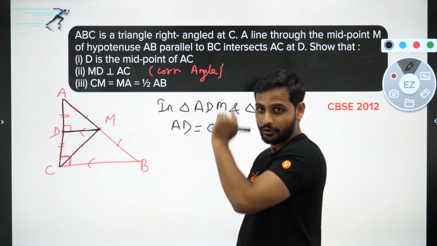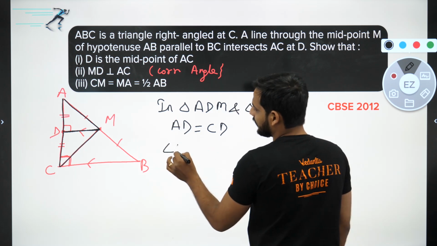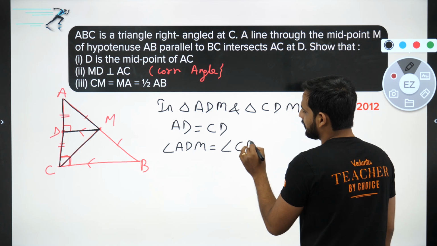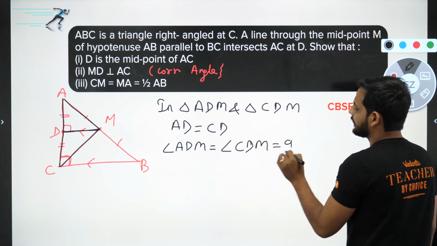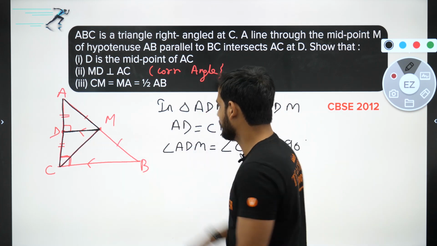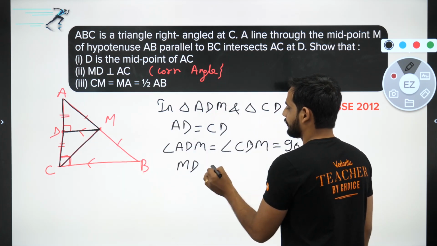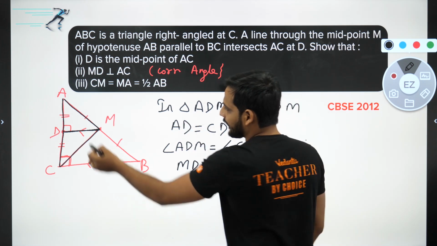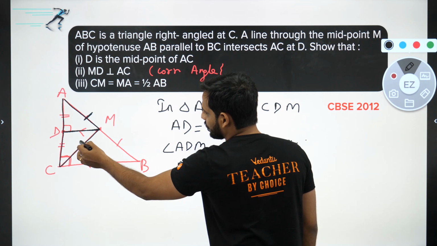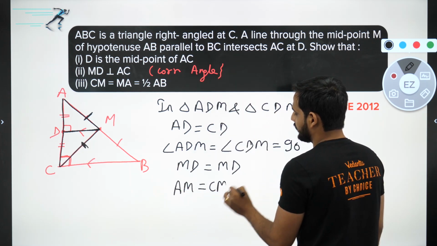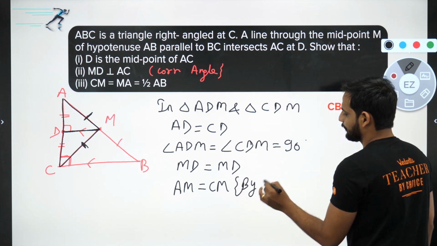Because D is the midpoint, I have already proved. Then angle ADM is equal to angle CDM, which is 90 degrees. We have already got it, it is perpendicular. And the third thing, MD is equal to MD. So by CPCT I can say AM is also equal to CM.